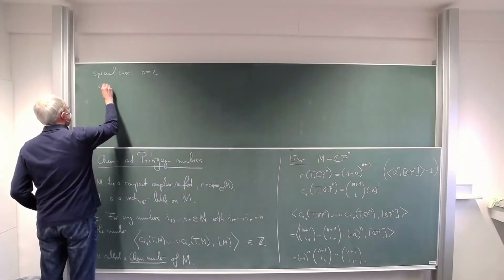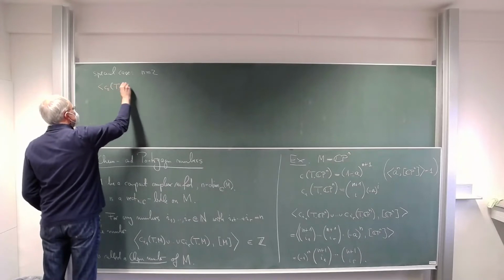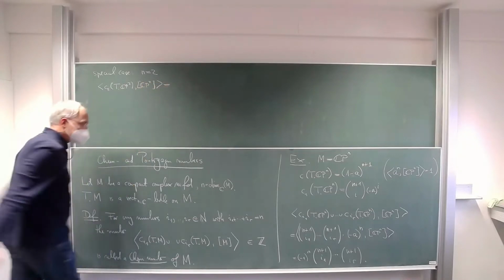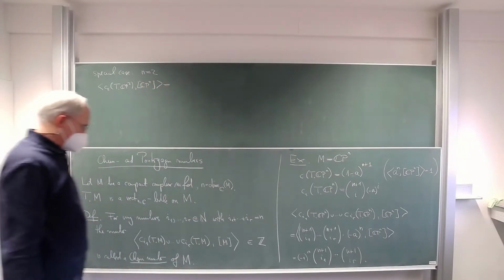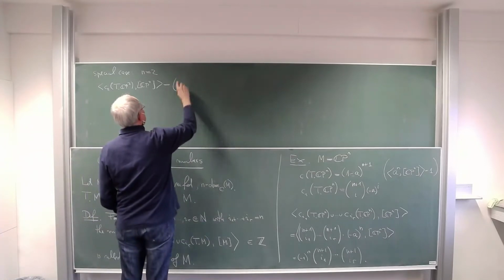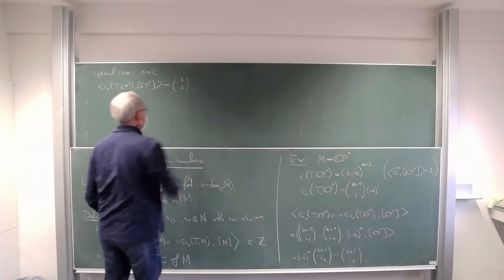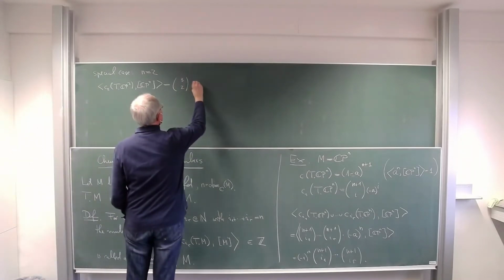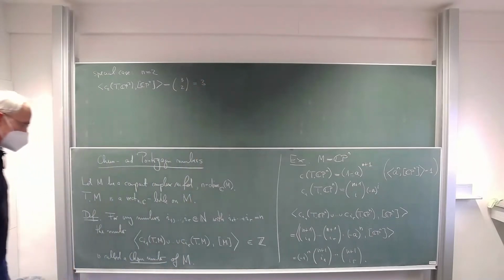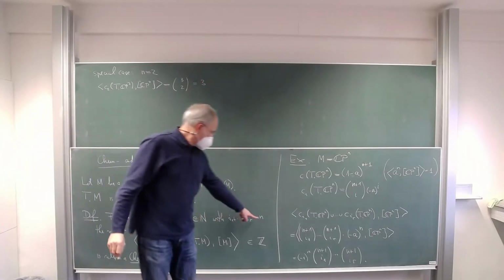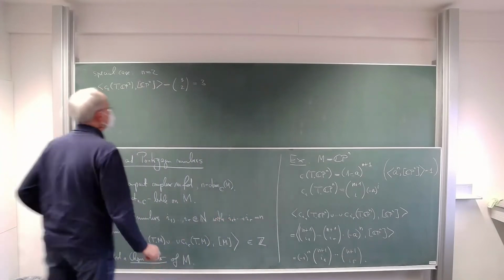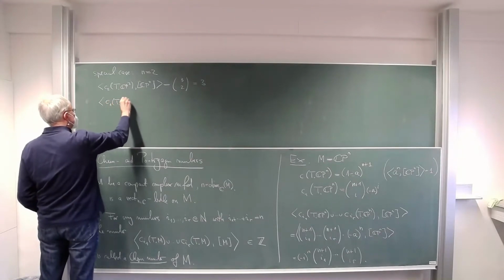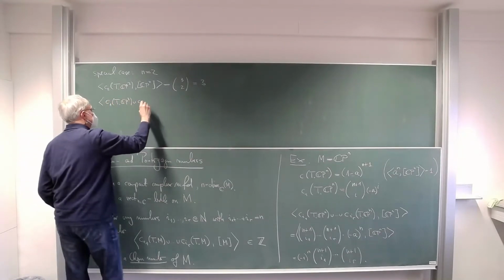So this would give me c_2 integrated over CP^2, which is then, well, 3 choose 2, and this is 3. And the other possibility is to split the number 2 into 1 plus 1. So that will give me c_1 times c_1.